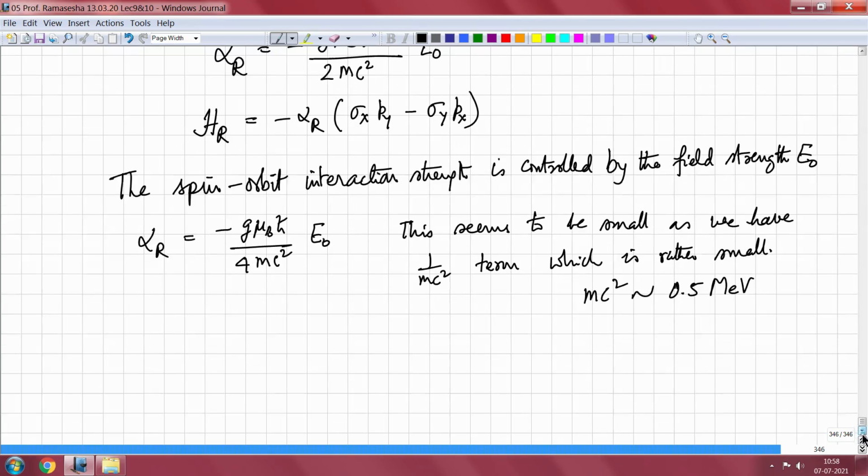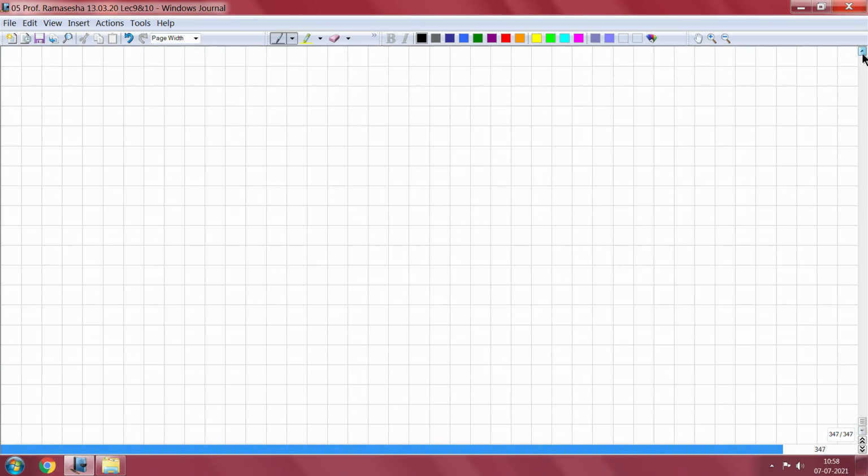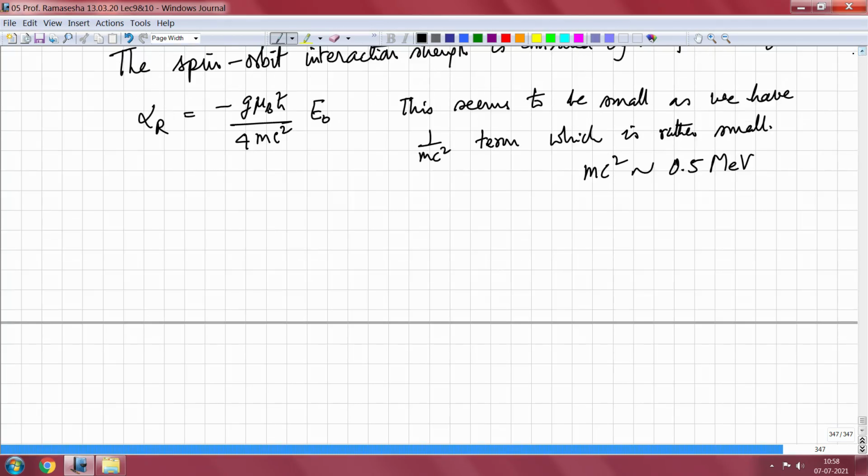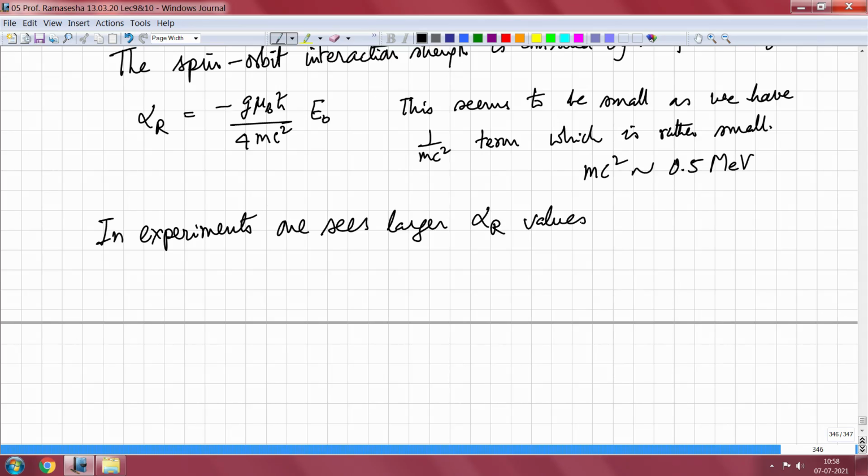But is it really the case? People have actually observed Rashba splitting, and this is not true. In experiments, one sees larger alpha R values. How is this possible?